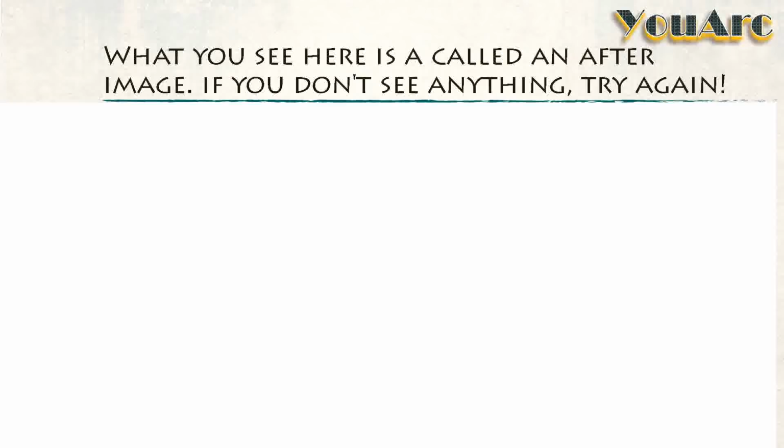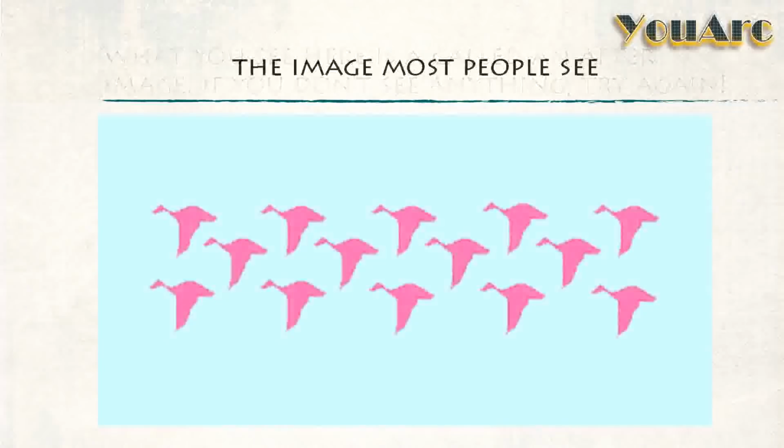If you didn't see anything, just try again. Just see that image for 20 seconds and look at some white space. You will see a difference or inverse image. Most people see it after seeing that particular image, when they look on the white space or close their eyes, immediately they can visualize this. This particular effect is called after image.